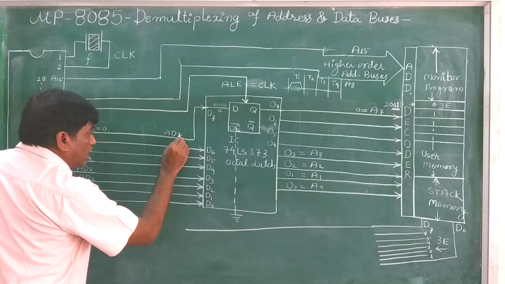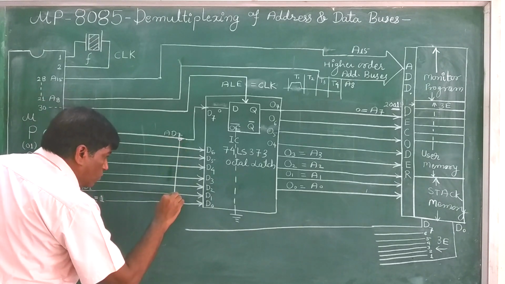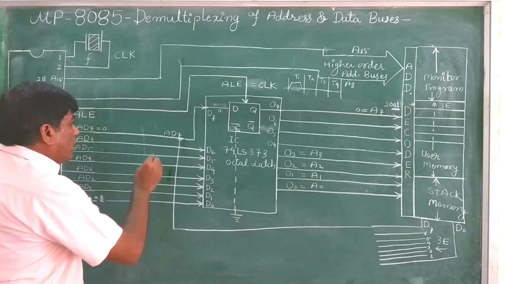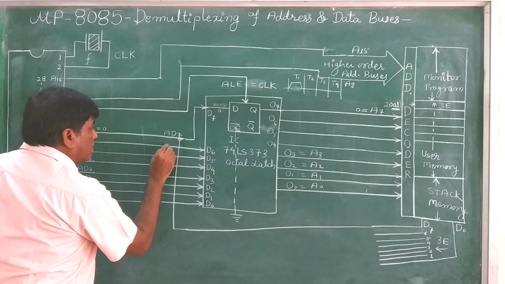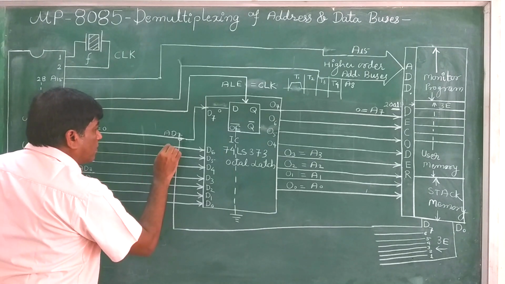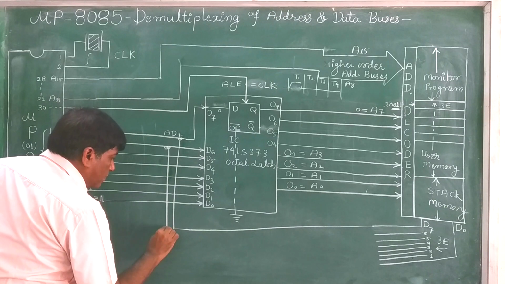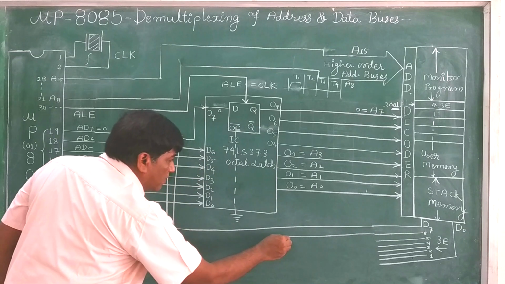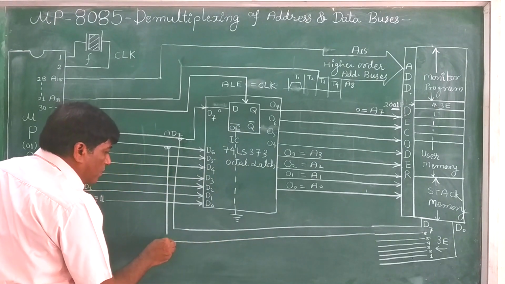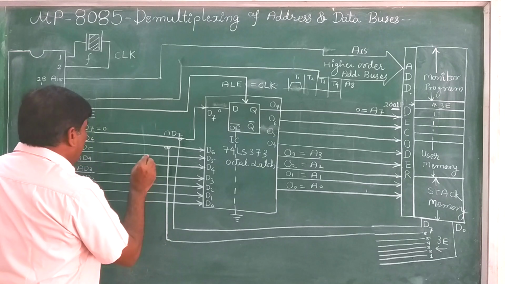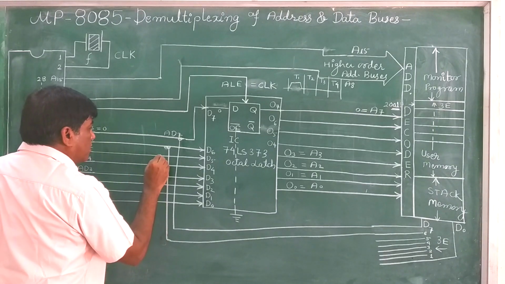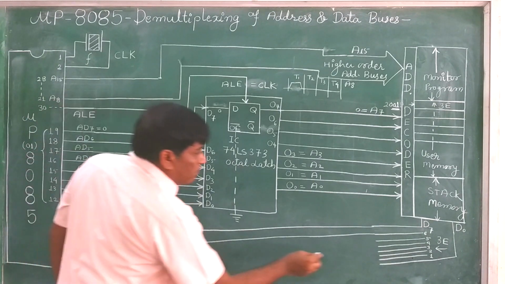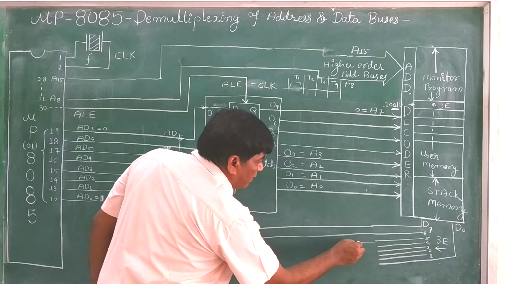D7 must be connected to D7. Similarly, this D6 must be connected to the data 6 line from the memory. Similarly, we can have other connections also. AD5 must be connected with the data 5 line.